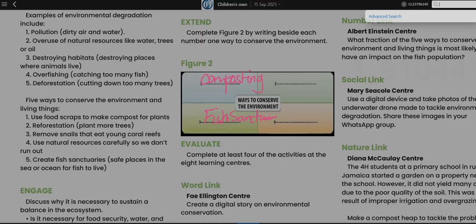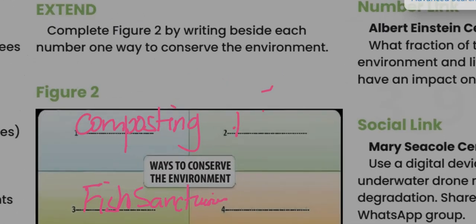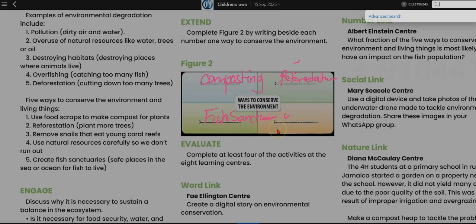We could have reforestation, the opposite of deforestation. We could have something like water harvesting. So that could help. So composting, reforestation, creating fish sanctuaries, and water conservation by water harvesting.